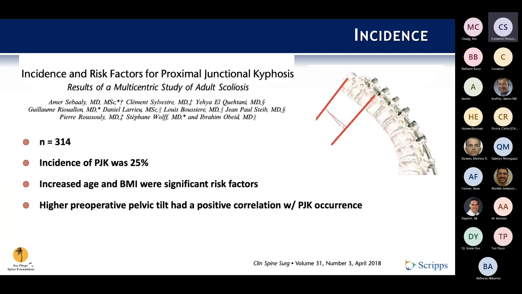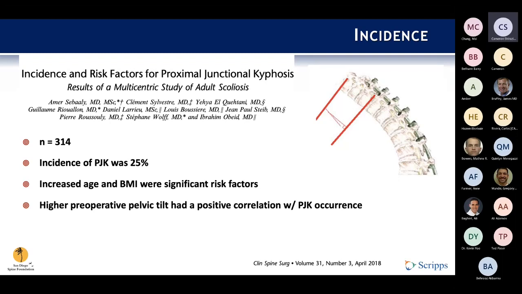So continuing with incidence and risk factors for PJK, a 2018 study looked at a multi-center retrospective analysis. They had 314 patients with an incidence of 25%, and within this study, BMI greater than 25 as well as age greater than 50 both were statistically significant risk factors and had a positive correlation for the occurrence of PJK.